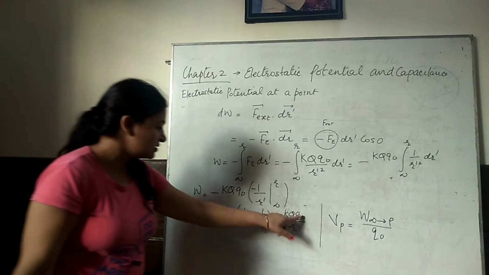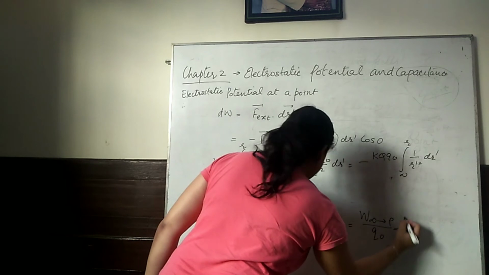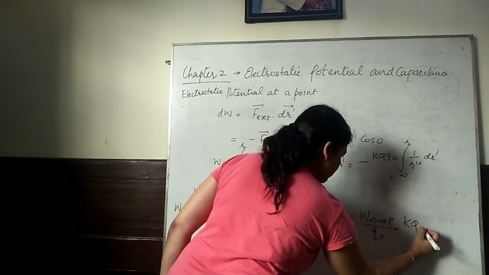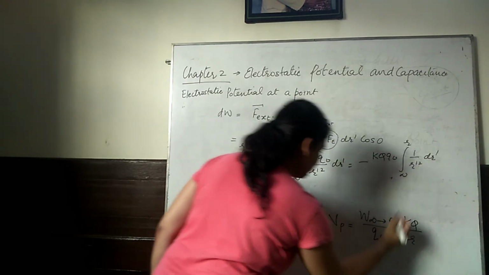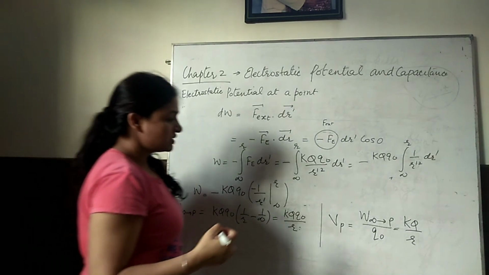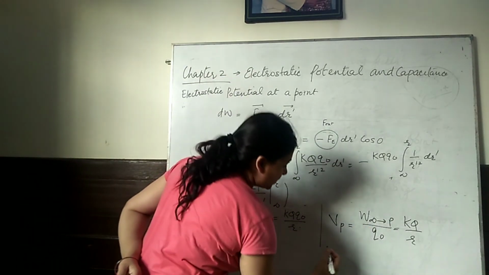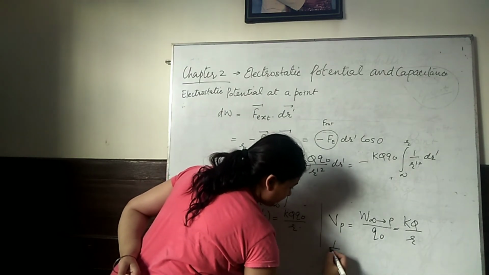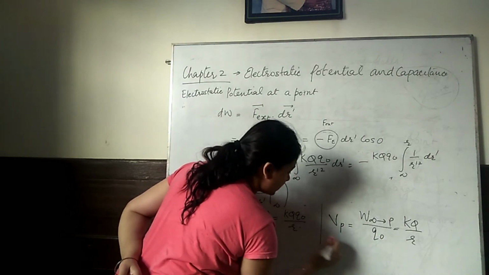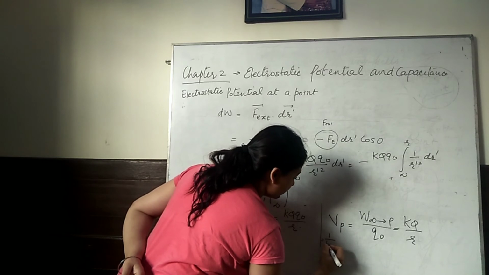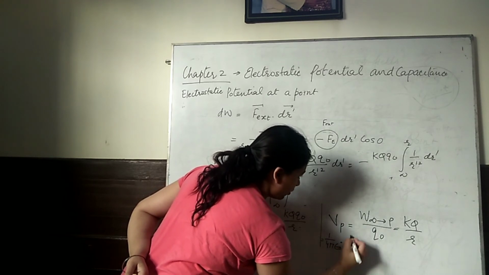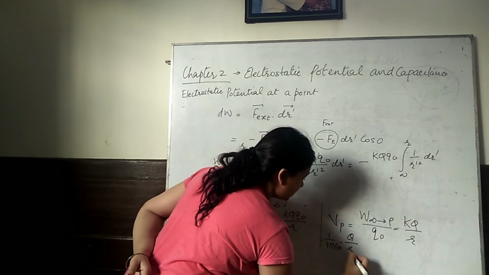This becomes K Q over R, so Q naught is cancelled. This is the expression of the potential of a charge at a point. K is for vacuum, and the value of K is 1 over 4 pi epsilon naught, so the potential is 1 over 4 pi epsilon naught times Q over R.